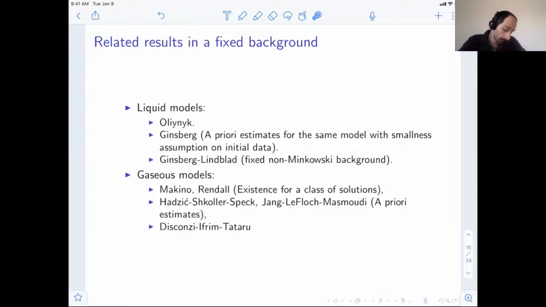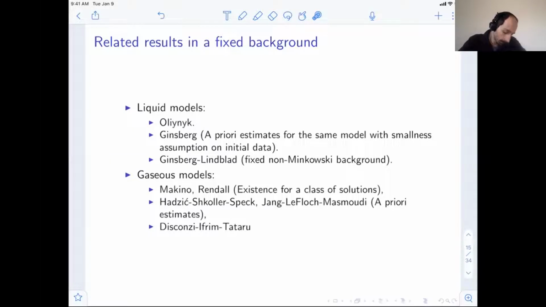Regardless, there have been quite a few different approaches for considering these problems. As far as I know, the first full well-posedness for a relativistic fluid in either the liquid or gas model was due to Olenek.